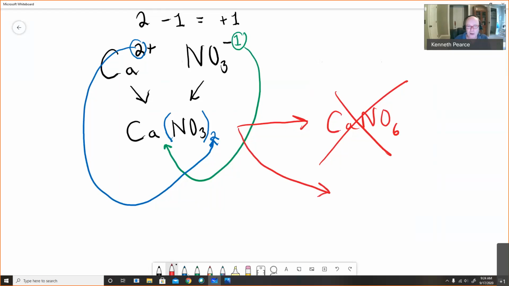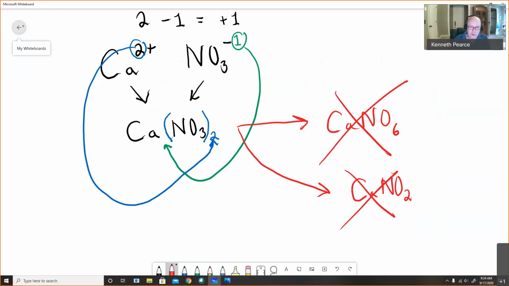They say, oh, well, I need to change the oxygen to match up. Do you see what I just did here, where I took the 2 and I changed that 3 to 2? And that's changing it to something else. The NO2 is not an NO3. Don't do that.